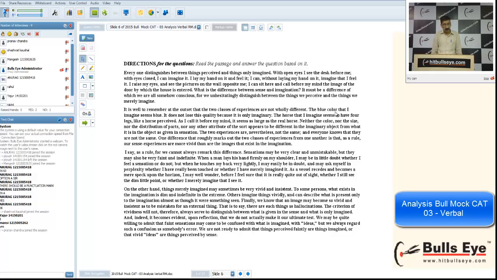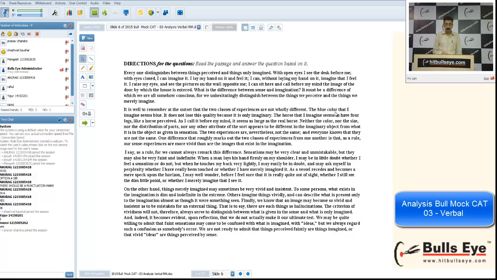One difference that roughly marks out the two classes of experience from one another is that our sense experiences are more vivid. Look at this line very carefully. More vivid means different, variety and colorful. Our sense experiences are more vivid than the images that exist in our imagination.